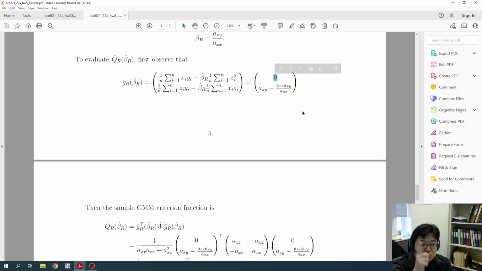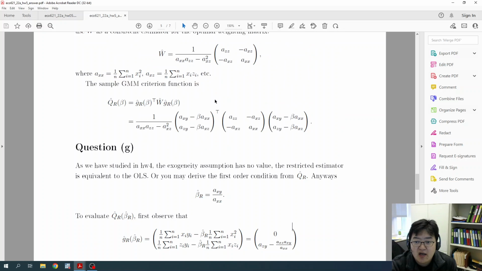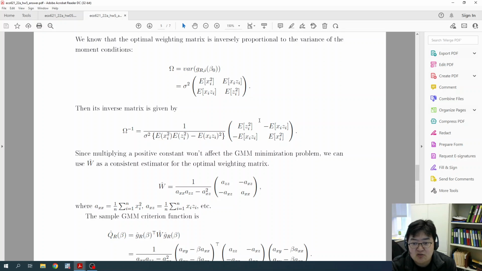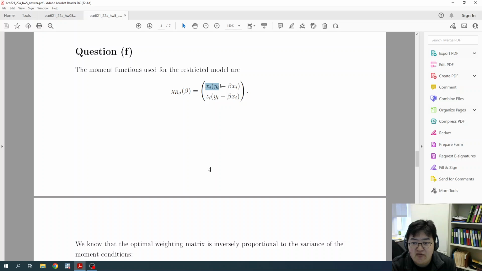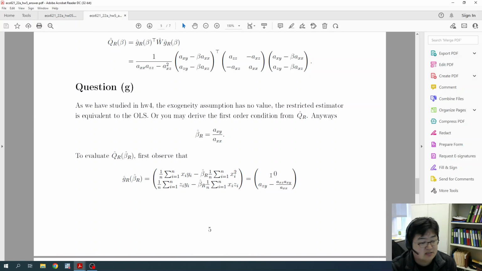Your intention is to satisfy the first moment only and ignore the other, right? Or this happened to be the optimal in this case. The weight is not exactly 100%, but OLS utilizes only this exogeneity assumption. This is the only exogeneity assumption the OLS uses. So this is not that surprising.